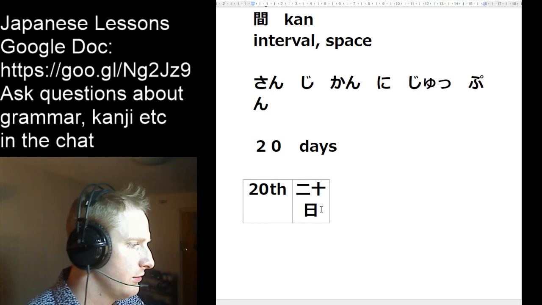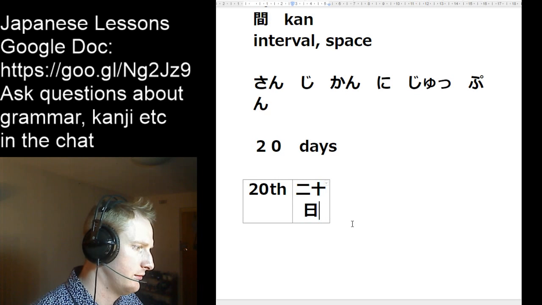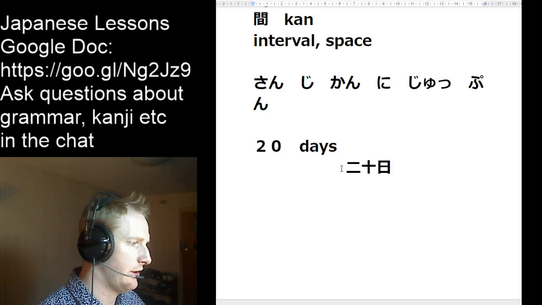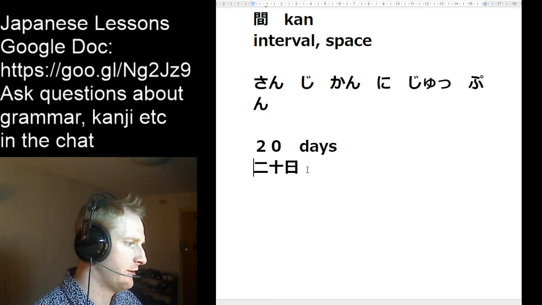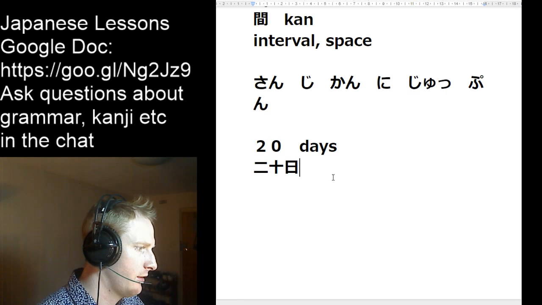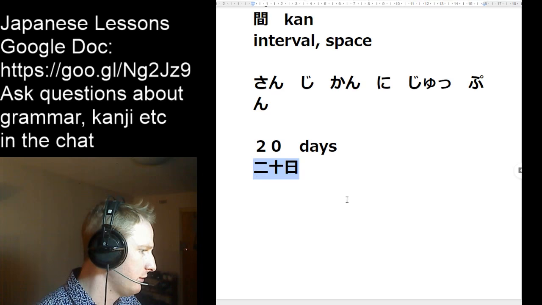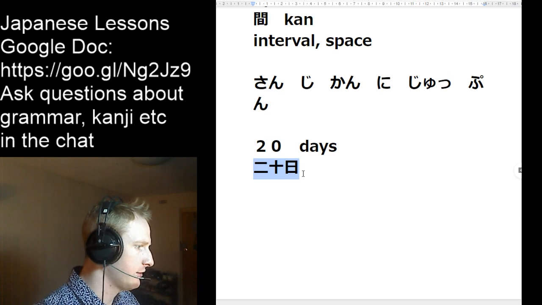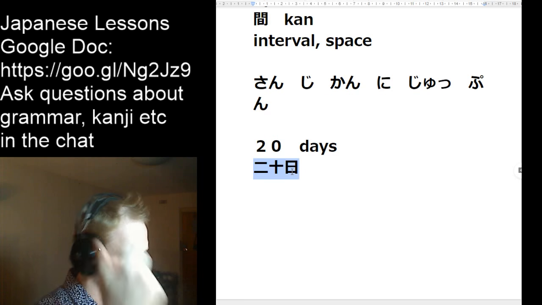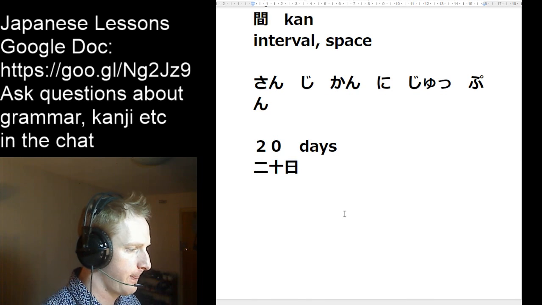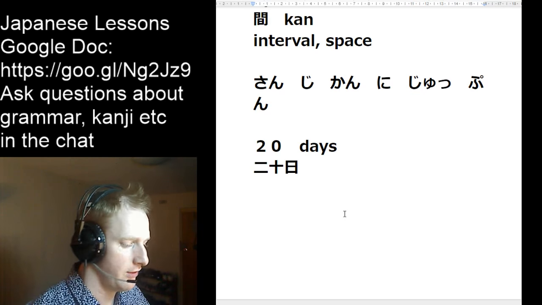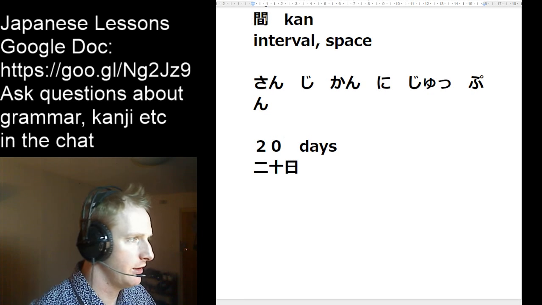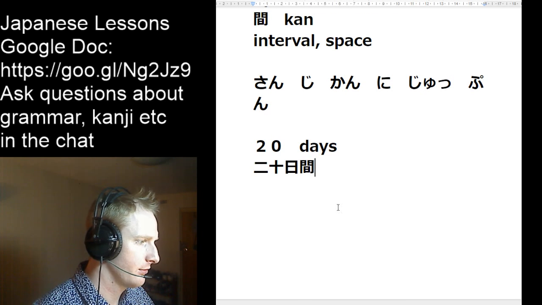Alright, so this is the kanji for the 20th day of, so when you see this, you're not going to think of 20 days. If you're reading this correctly, this in your head should say 20th day of the calendar. So how do we show the difference between the two? Well, use our counter.